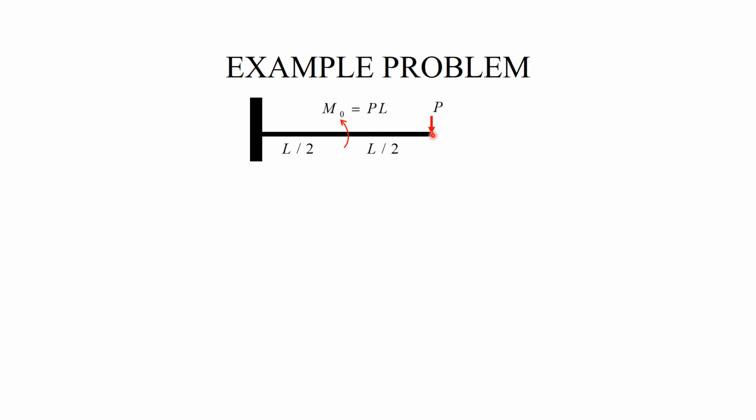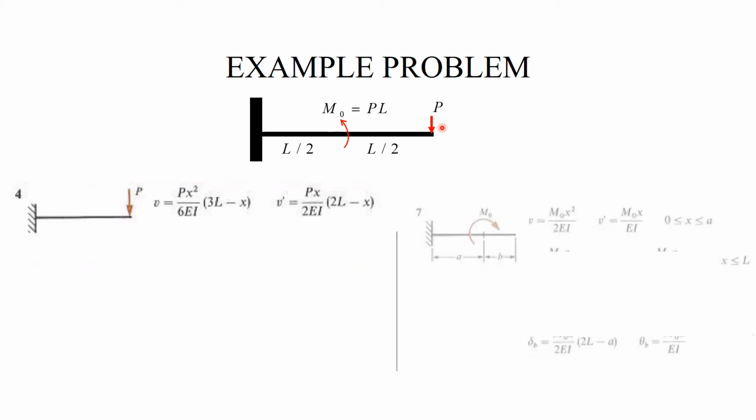And what I want to do is use the tables for each load and then sum together the displacement induced by each load to get the displacement due to the combined load. So the first table is table 4, and it gives the deflection as a function of x for this beam.